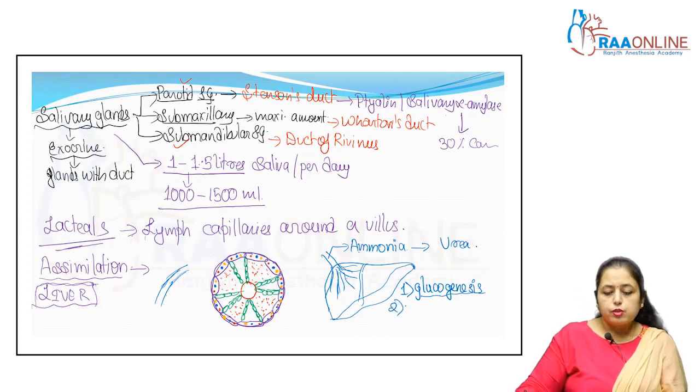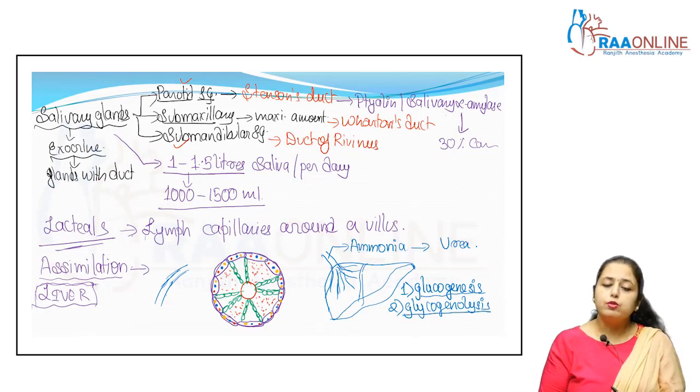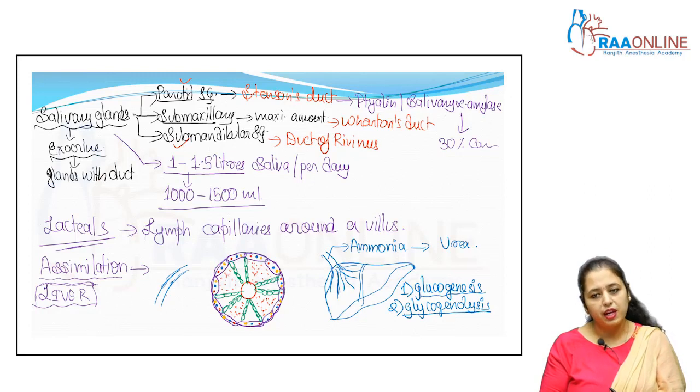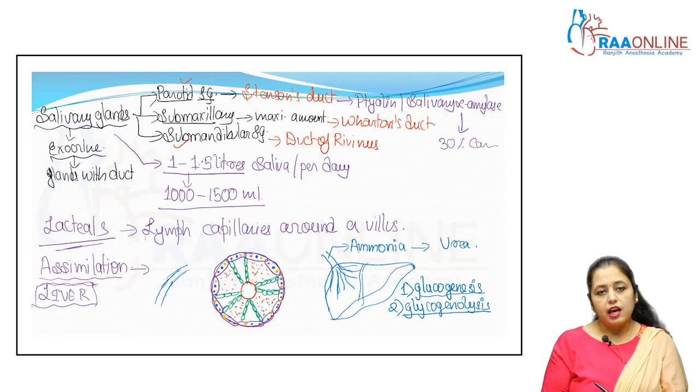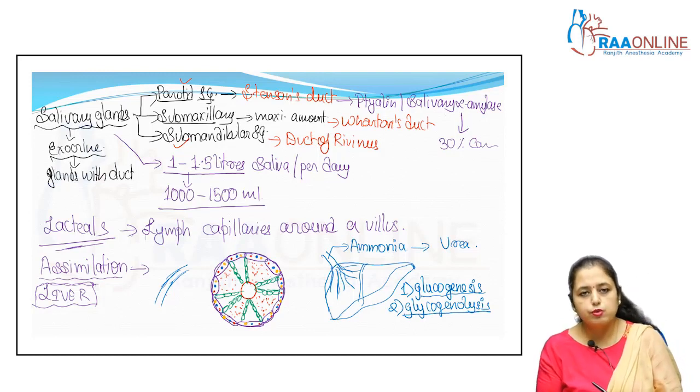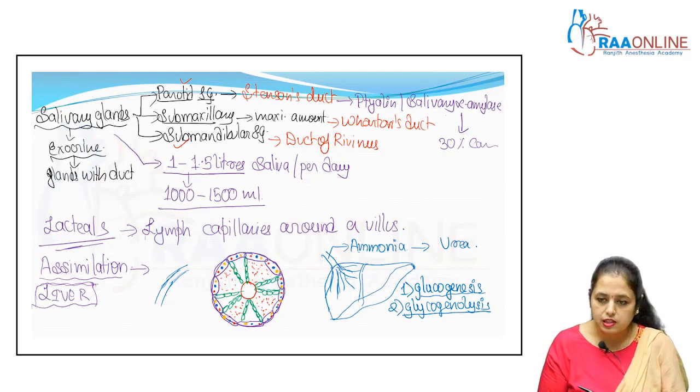The second process is known as glycogenolysis, right. In case of starvation, the stored glycogen of the liver is degraded in the presence of the hormone glucagon, which is secreted by the alpha cells of the pancreas, and converted again into glucose, right, and gives energy used in the metabolism of the cells, right.